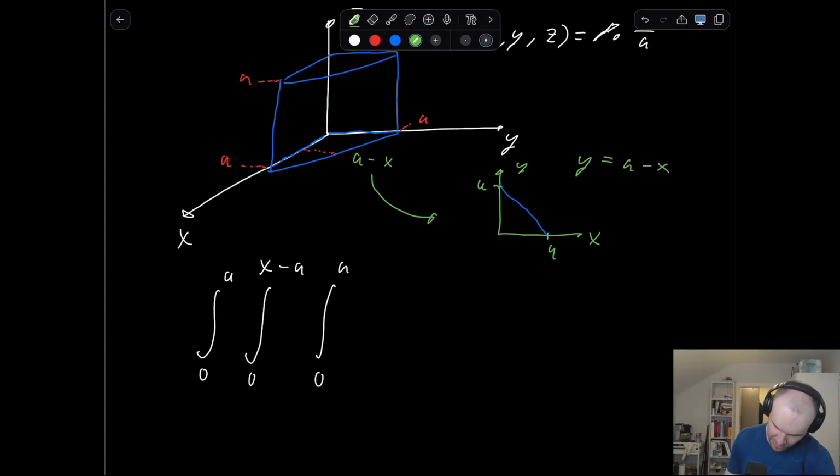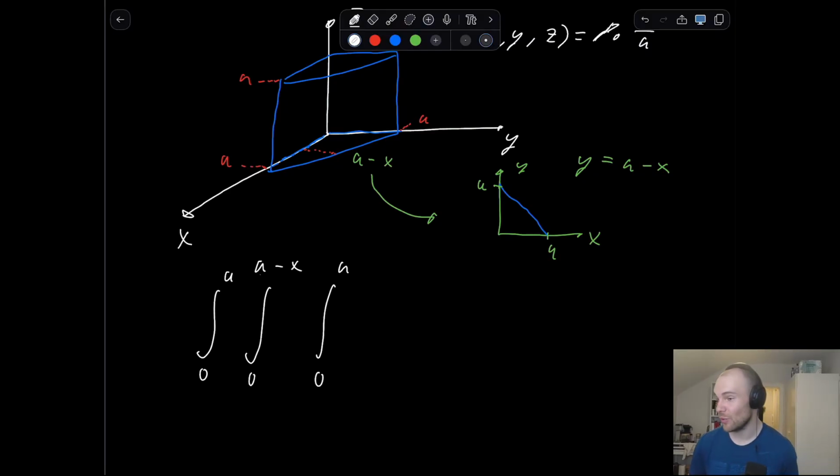Because now, let's say that if x is equal to 0, then we should get a. That's correct. And of course, if x is equal to a, we should get 0 for y. So that's correct. So I made a little mistake here. It should be a minus x, of course. Not green. A minus x.